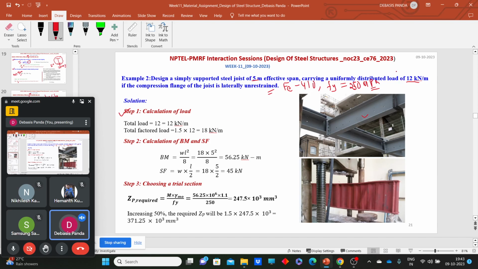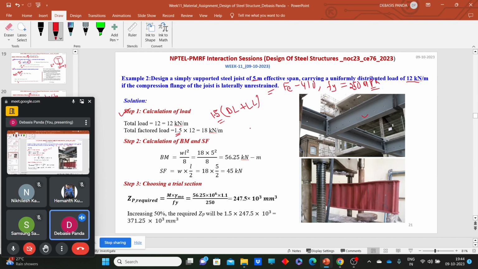If the load is given in the form of dead load and live load, you need to calculate the total load, dead load plus live load, and factor it by 1.5 and so on. Here we assume the total load is due to the dead load and live load combination. So the load factor should be 1.5 because we are considering the limit state of design. So the total factored load comes to 18 kilonewton per meter.